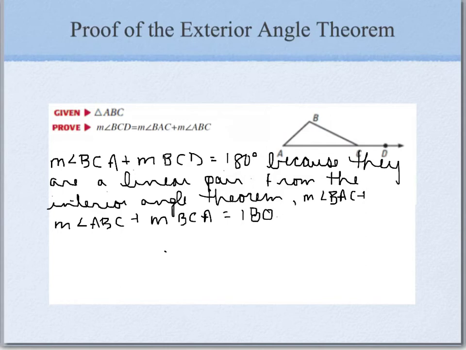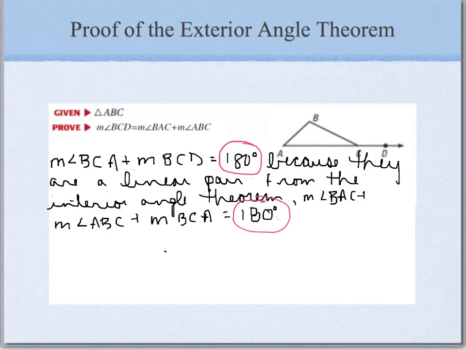We just learned that from the interior angle theorem. The interior angles of a triangle add up to be 180 degrees. So now we've got two statements here that are both equal to 180 degrees. Okay? So let's take those two statements and set them equal to each other.